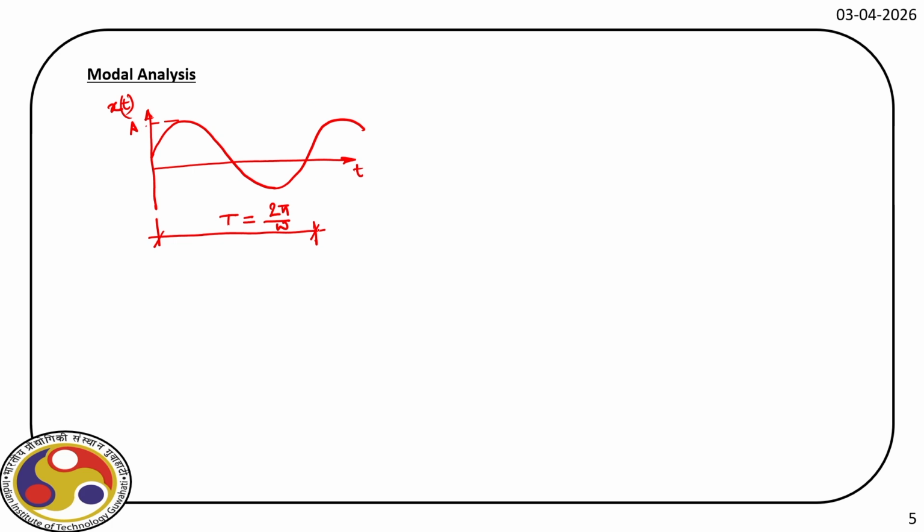It is actually not at the 0 location, because if it starts here, we have to go to this position. Otherwise, we can start from this maximum value to here. This is also a time period. Or we can start from this 0 position, and when it touches the 0 line again, this is the time period.